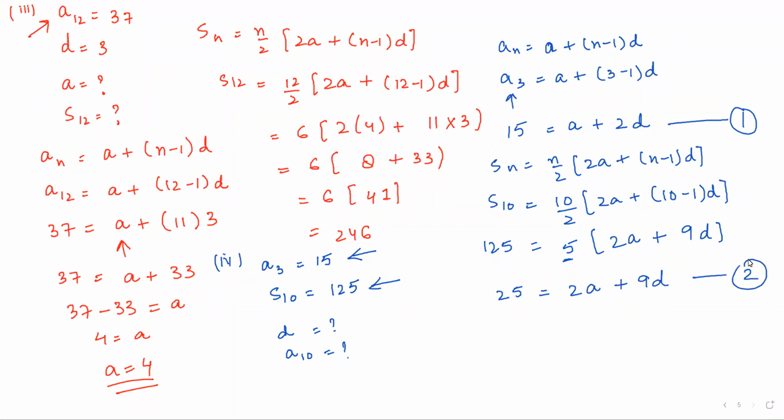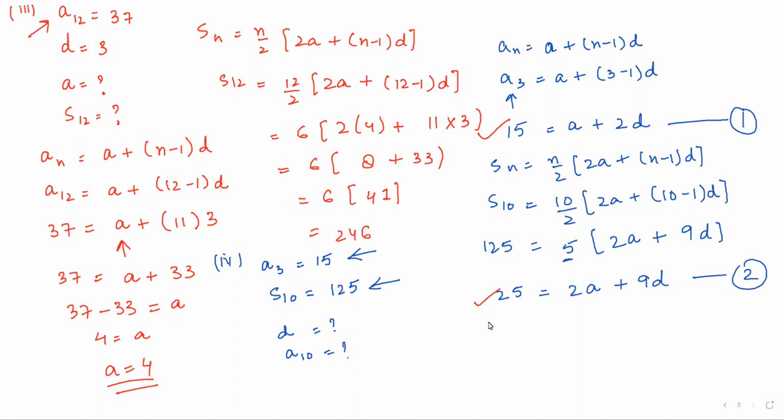So basically two given conditions have given me two equations, right? Yes, ma'am. Okay. So now we can solve the two equations. This you know, right? Equation 1 and equation 2, you can easily solve it. Linear equation in two variables.